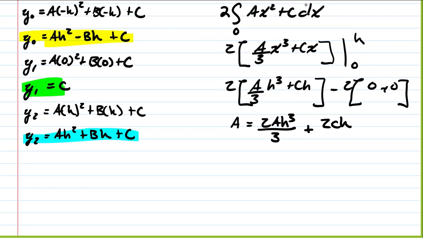So if, for instance, I take y0 and I add it to y2, so y0 plus y2 is going to give me, I have an ah squared and an ah squared, so that gives me 2ah squared. I have a negative bh and a positive bh, so they cancel. And then I have a positive c plus a positive c, so I get 2c, right?